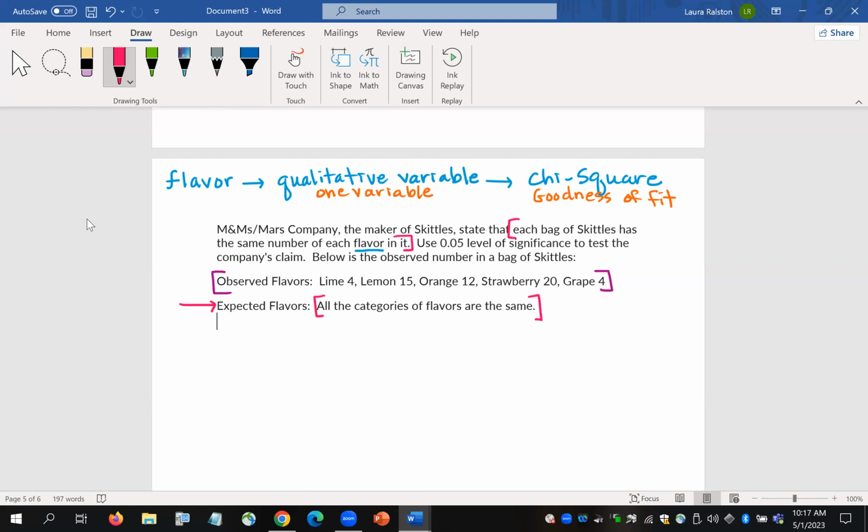Okay. I'm curious. It's wonderful that you want to go through the process and do it by hand. I mean, that's the right process. You would then do lemon, the 15 minus 11, square it, divide by 11.